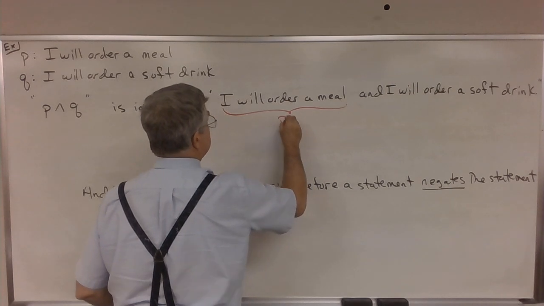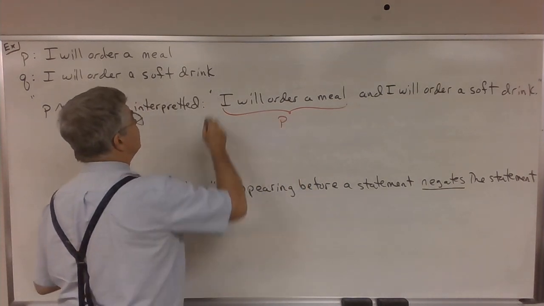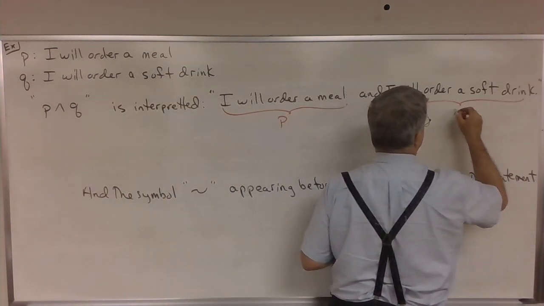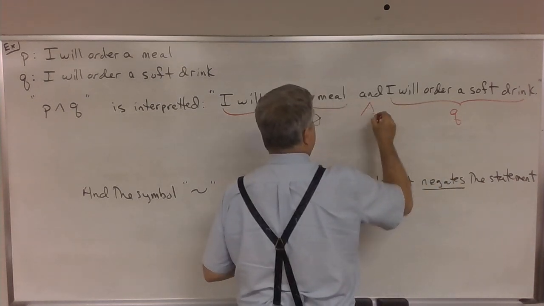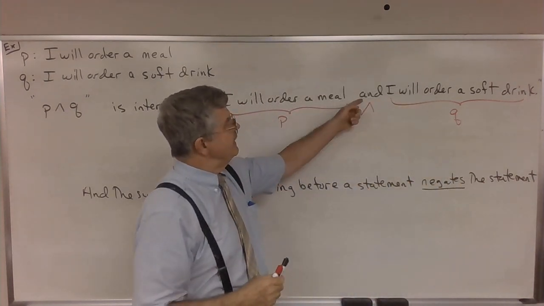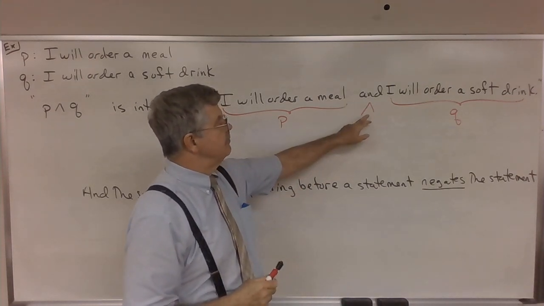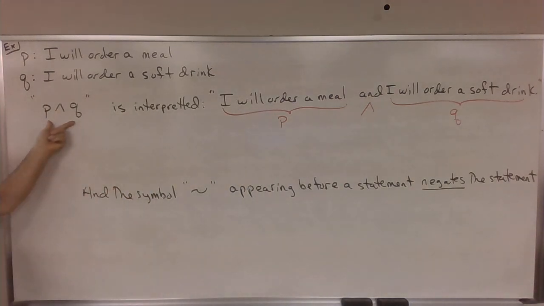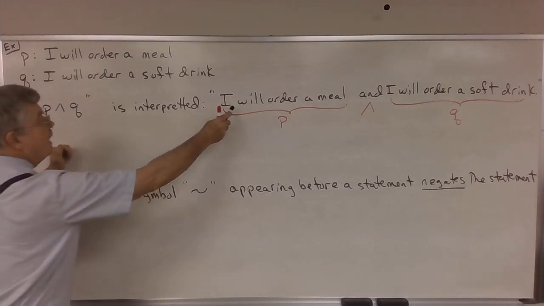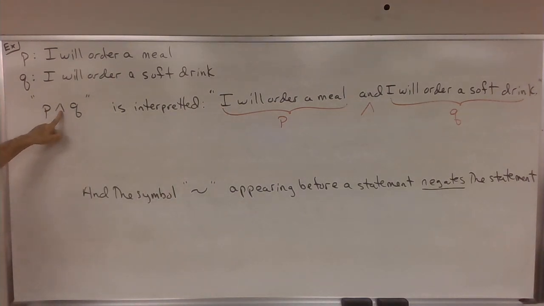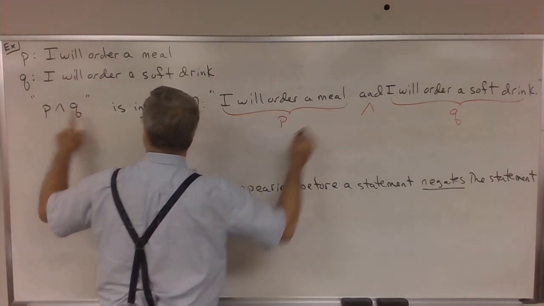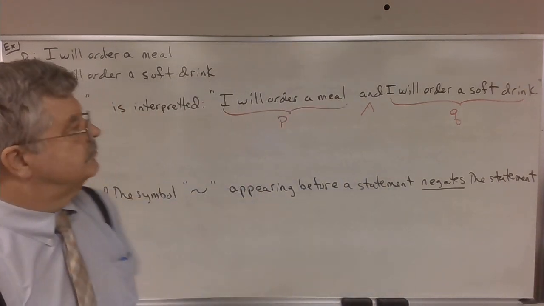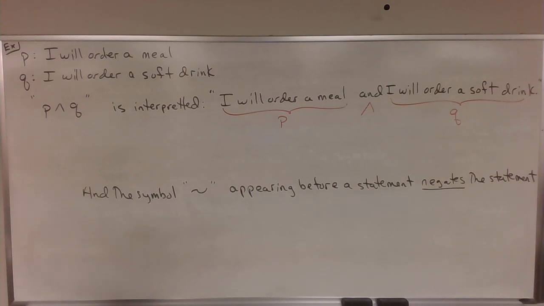So this is the statement P. This is the statement Q. And the word and is represented symbolically with this upside down V. P and Q, which is what we started out with. P, I will order a meal, and Q, I will order a soft drink. Okay.